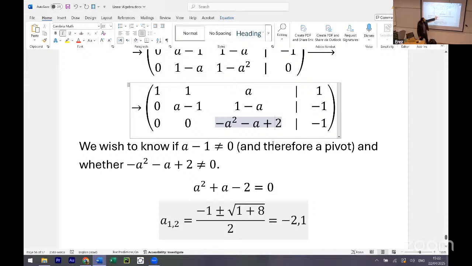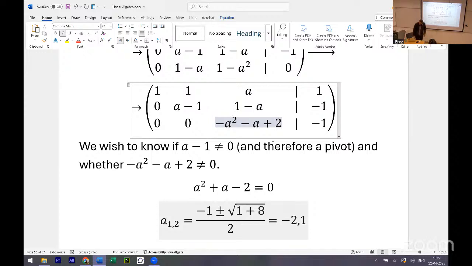So this is the first element of the row that might be different than 0. If it is 0, then obviously we're going to have a problem here, right? Because we'll get a contradiction. But if it's not 0, then this is a pivot. Okay? So we need to check what happens.